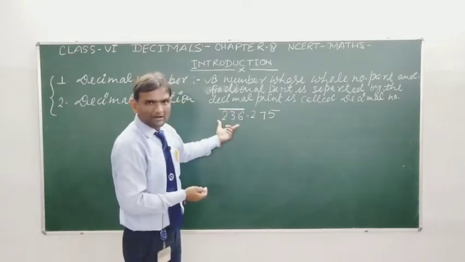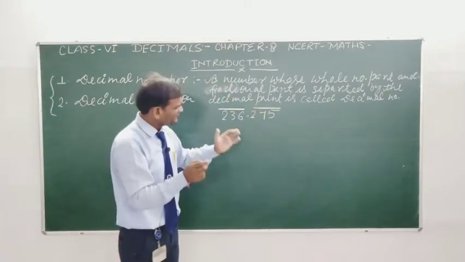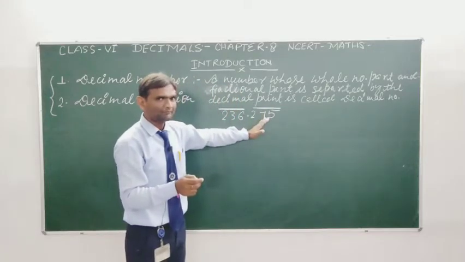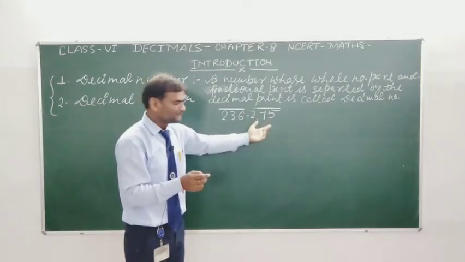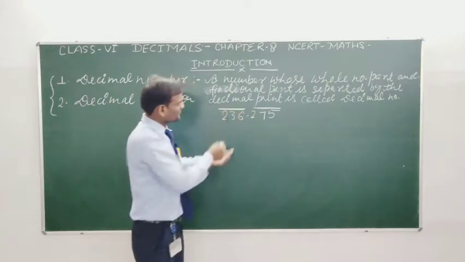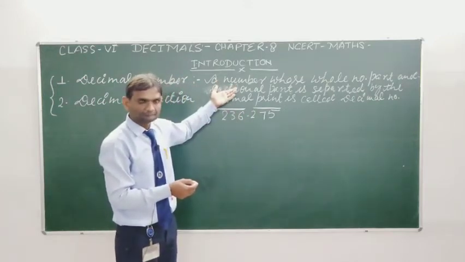So, student, this is the whole number part and this is the fractional part. That number which we write after the decimal point is called the fractional part, and that number which we write before the decimal point is called the whole number part.